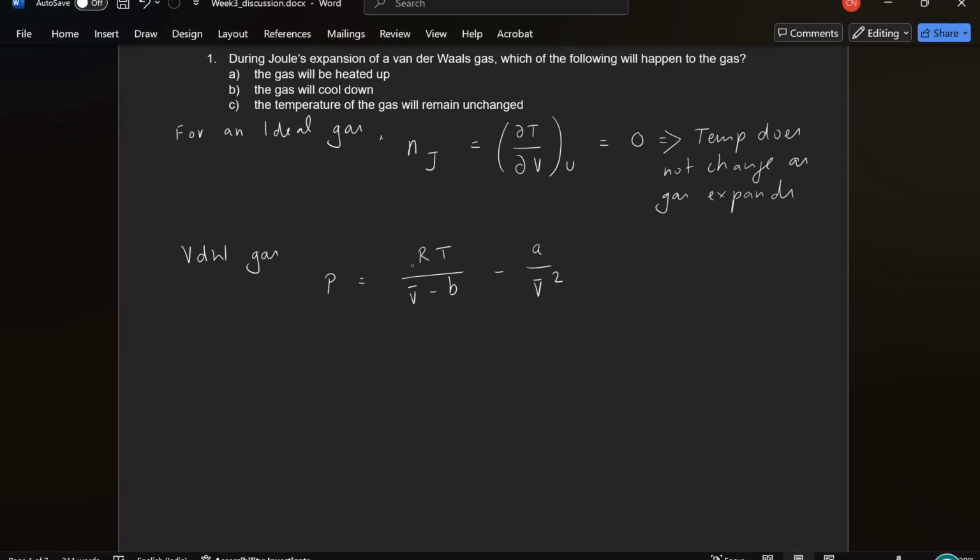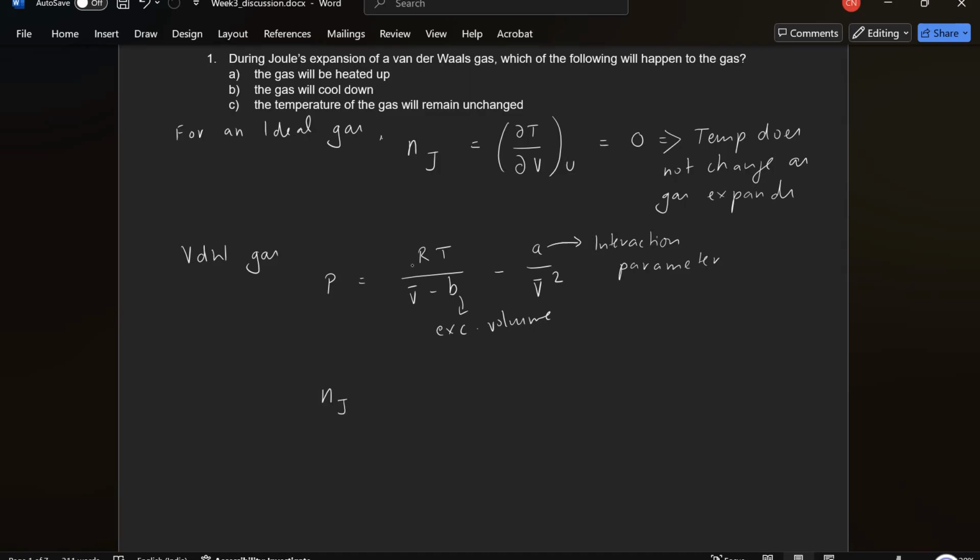So this b gives us the excluded volume. And this a kind of gives the interactions, the attraction parameter, we can call it like that. So this a gives us the kind of interaction that is going on between particles. Now I'll skip the derivation and directly come to the final expression.